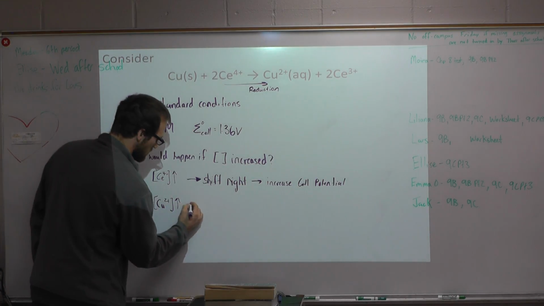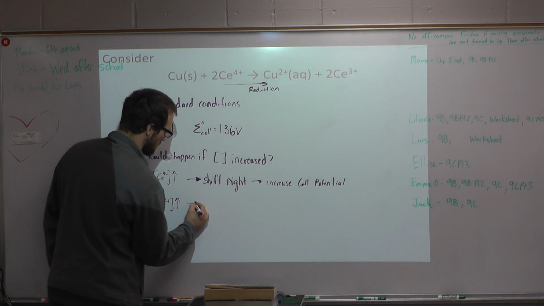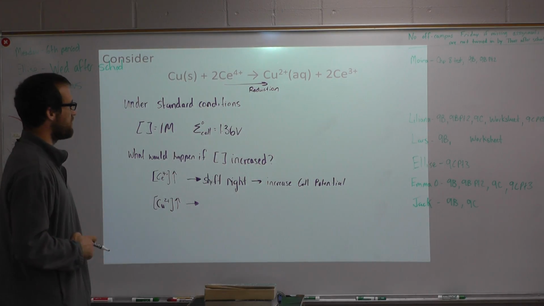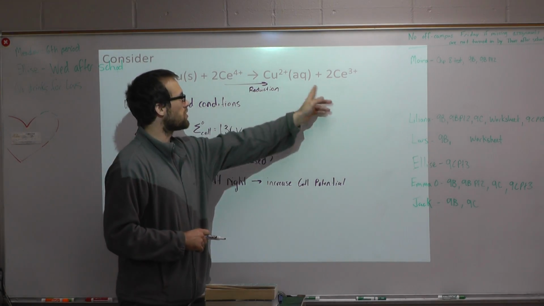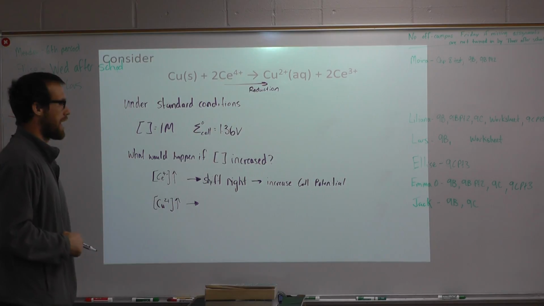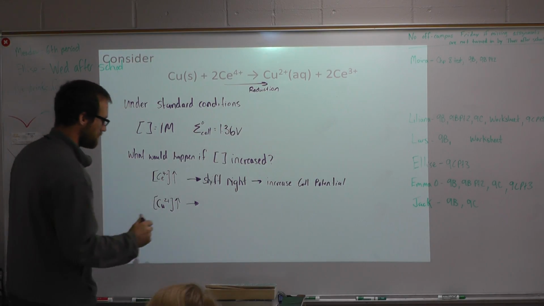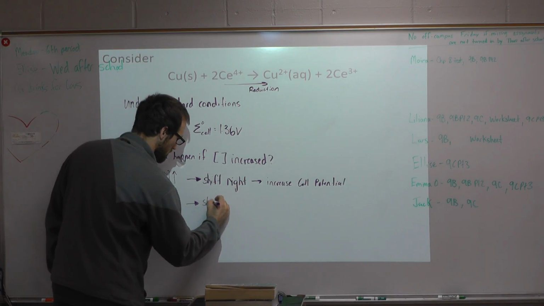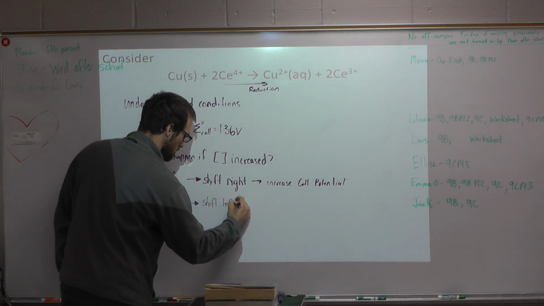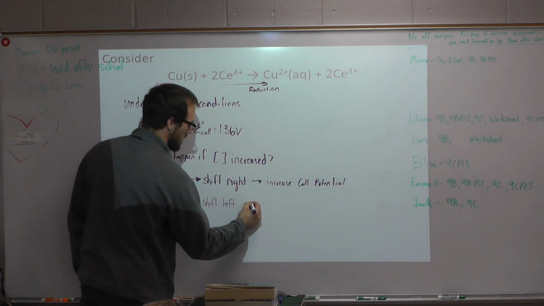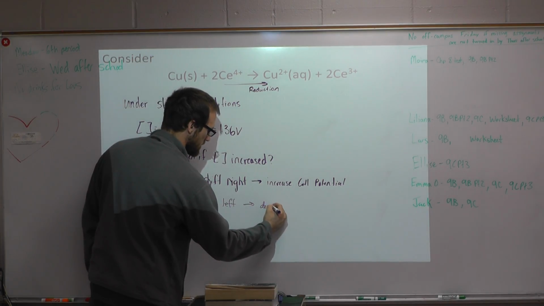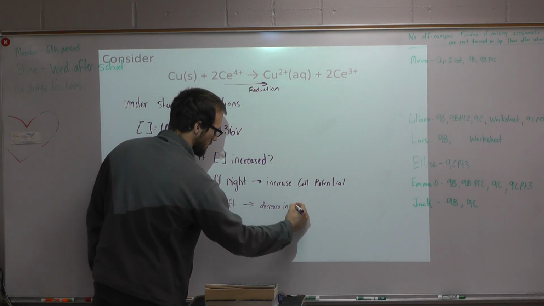Okay, and in this situation, what I would do if I were increasing now, I could increase both of those concentrations, and I would cause it to shift away or shift left, which would cause a decrease in the cell potential.